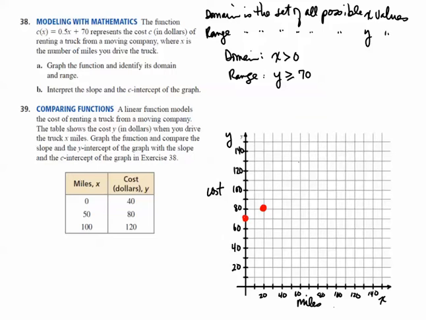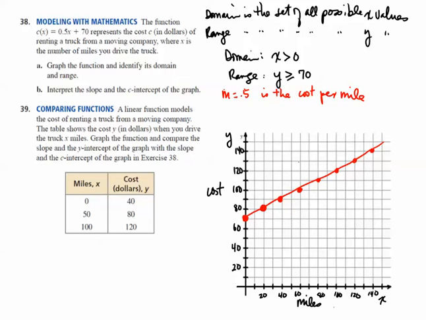Remember, up 1, right 2, 0.5 meaning 1/2. And so we can get some more points in that same way. Up 1, right 2, up 1, right 2, etc. All right, and we can draw a line there, something like that. All right, so let's interpret the slope and the c-intercept. The slope here, m, which is 0.5, is really the cost per mile.